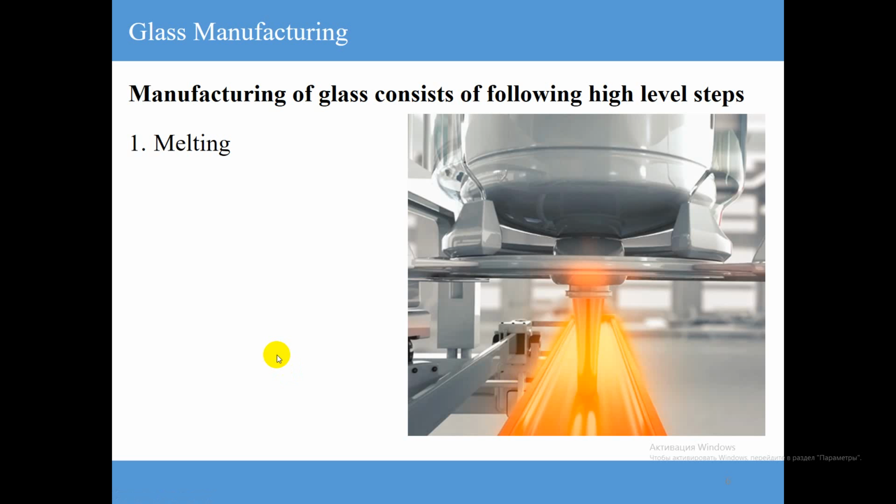Fine-grained ingredients closely controlled for quality are mixed to make a batch which flows into the furnace, which is heated up to 1500 degrees Celsius. This temperature is the melting point of glass.